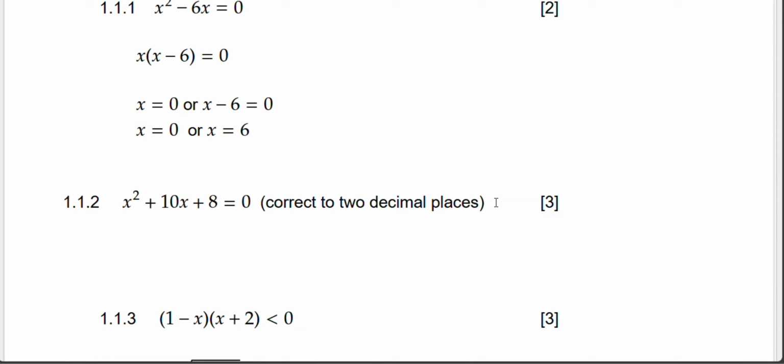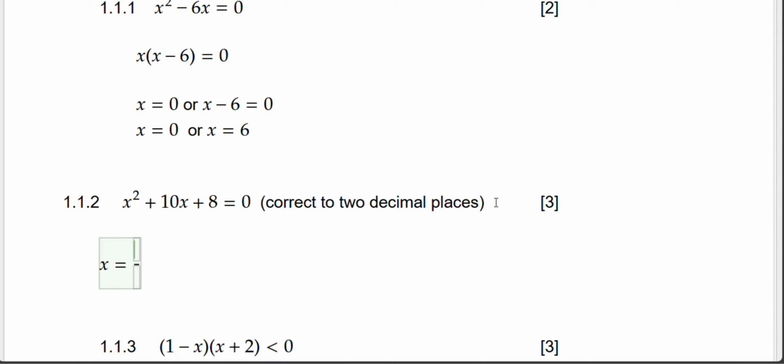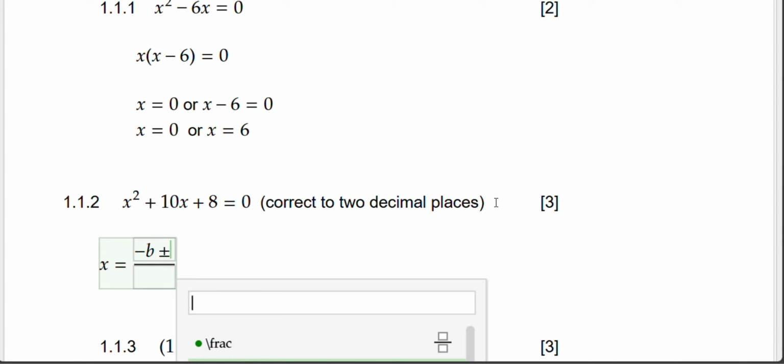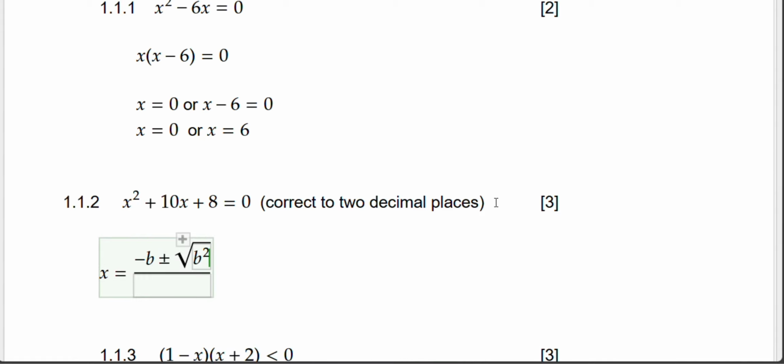So this one, they said same thing, solve x, but you have to correct to 2 decimal places. So if they say correct to 2 decimal places, you need to use the quadratic formula, which says x is equal to negative b plus or minus the square root of b squared minus 4ac, over 2a.